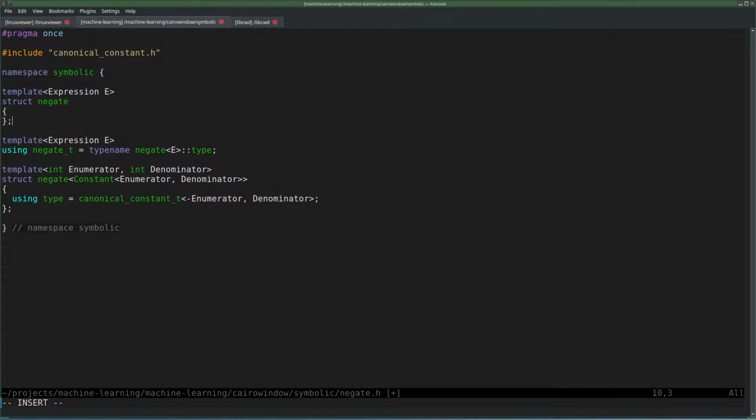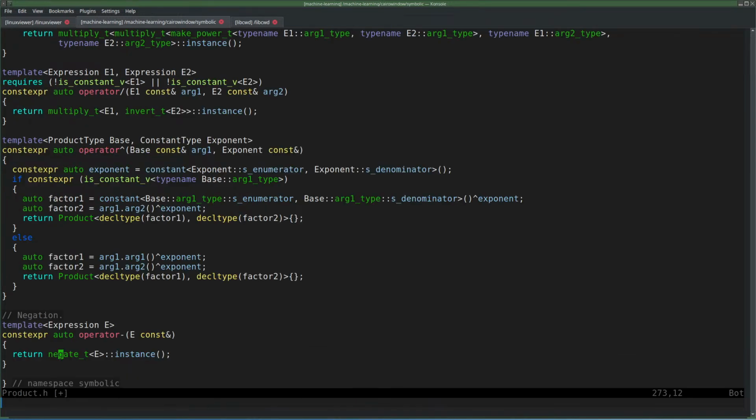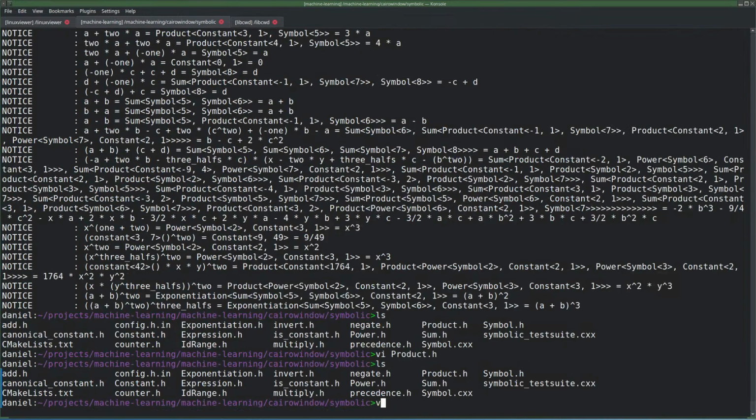So we make it a general negate that works for any type, and then specialize it for a constant, which is done differently. And then here we do the same thing as the other one, being multiply. Let me have a look at that, because multiply, right? Yeah, and now negate.